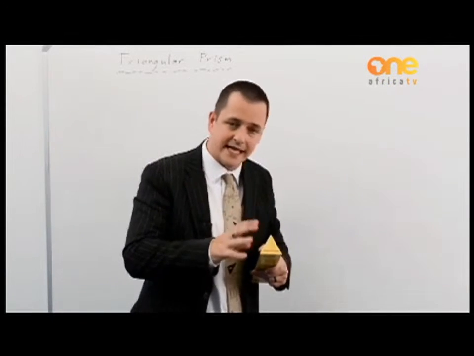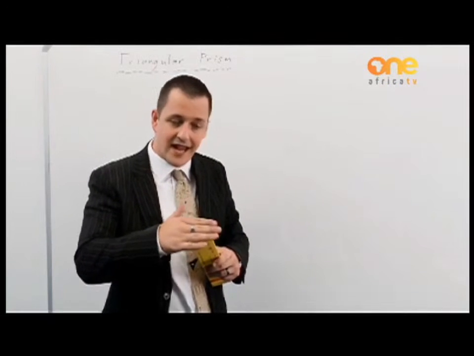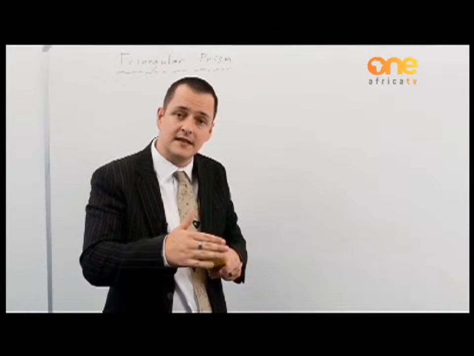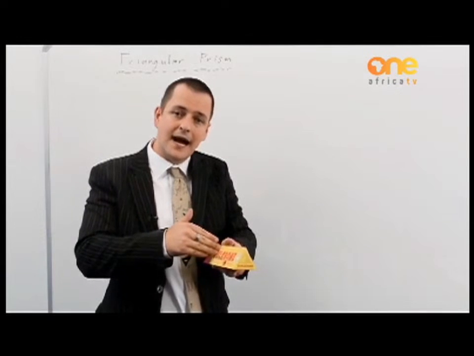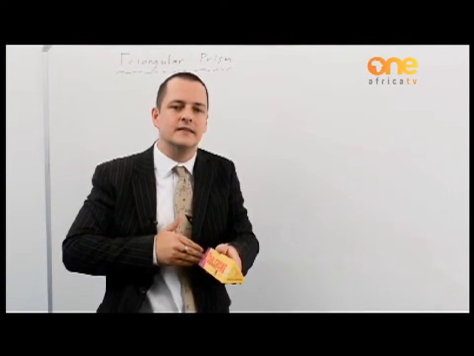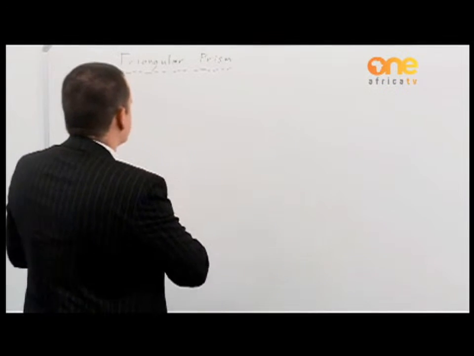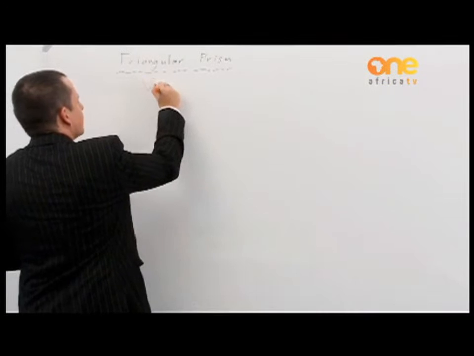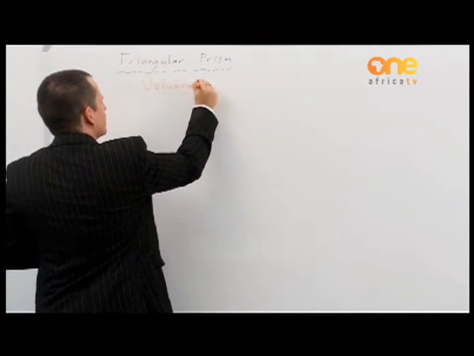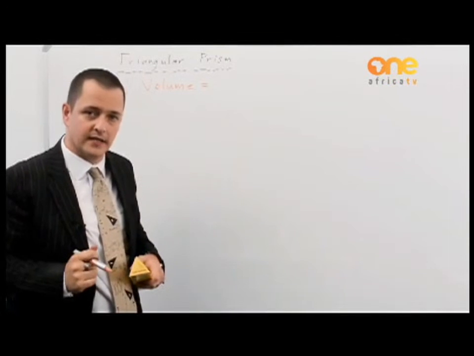So therefore, to calculate the volume of this shape, all we would need to do is calculate the area of this front face and then multiply it by however long or whatever the depth is of this shape. So therefore, to calculate the volume, we're going to have to calculate the area of this triangle.